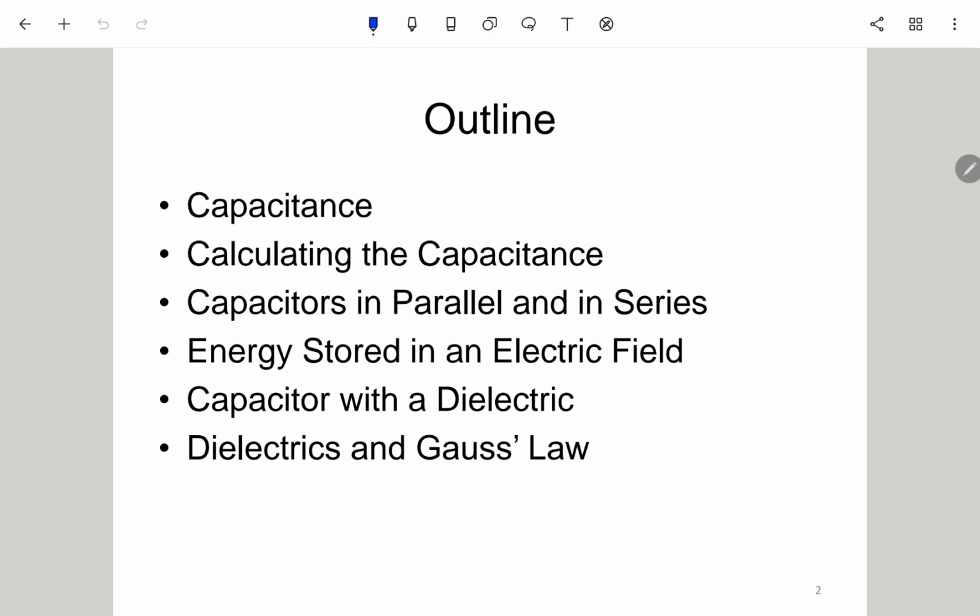These two factors are related to the geometric shape. Other than that, you can also introduce a dielectric to increase the capacitance if you want to. And then finally we talk about how the dielectric influences Gauss's law, just changing epsilon zero to epsilon.